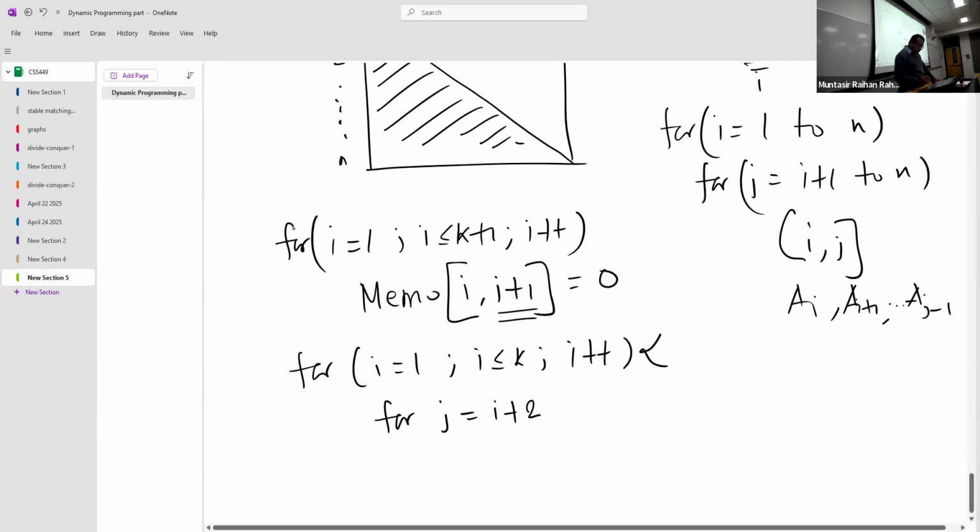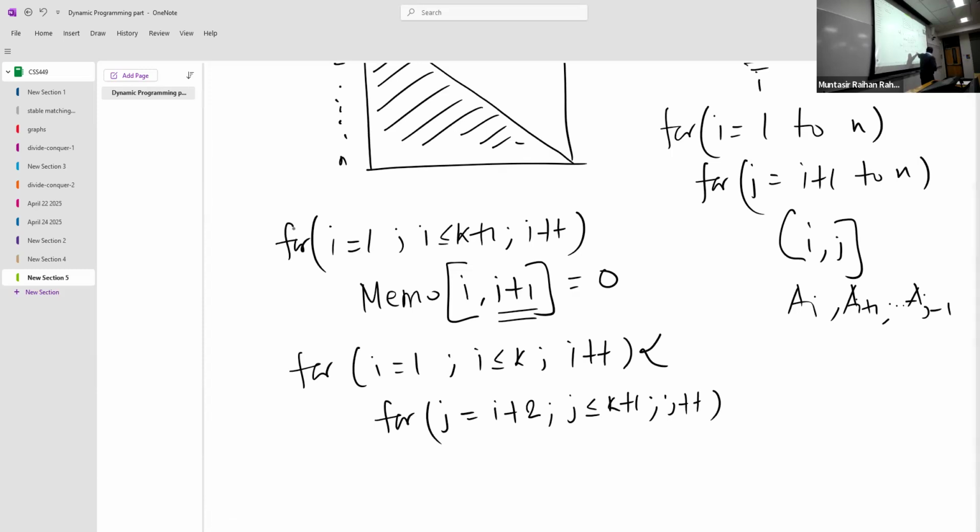That's just a notational convenience. You can do it differently. That's why j goes to k plus 1, because when j is k plus 1, I'm actually multiplying up to k. So it's still valid.